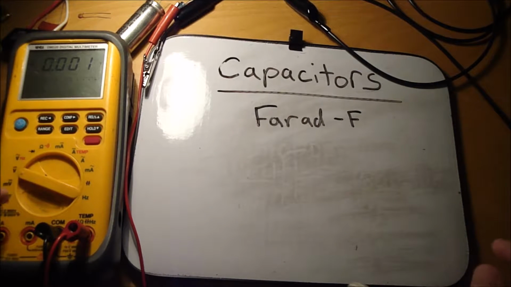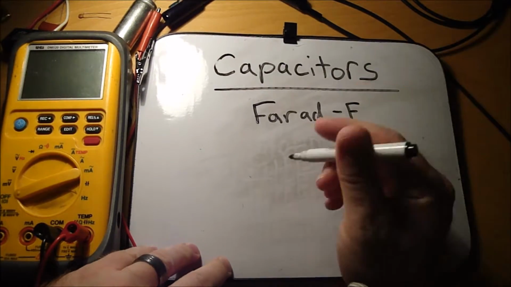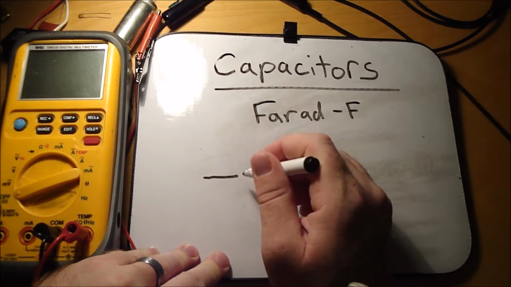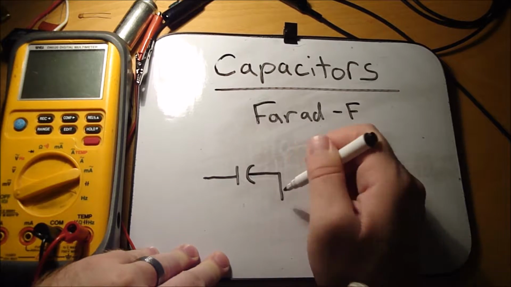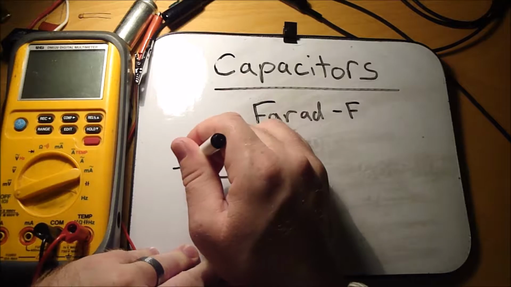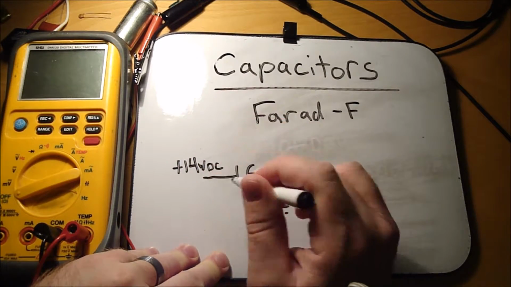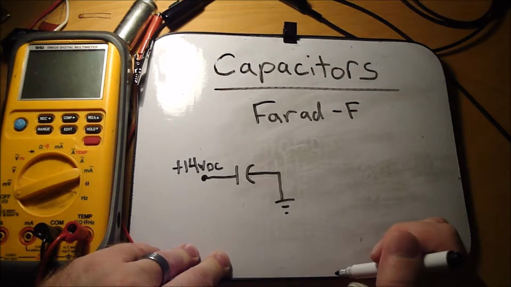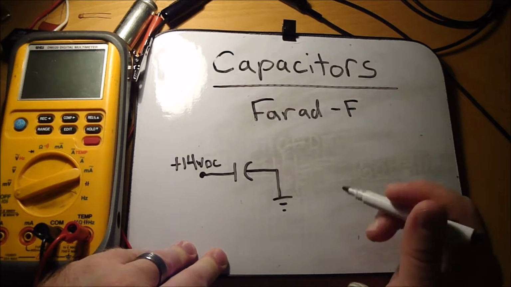So let's see how a capacitor would react in a circuit. Let's say we got plus 14 volts DC going into this capacitor and straight to ground. So we're going to charge this capacitor up to 14 volts.